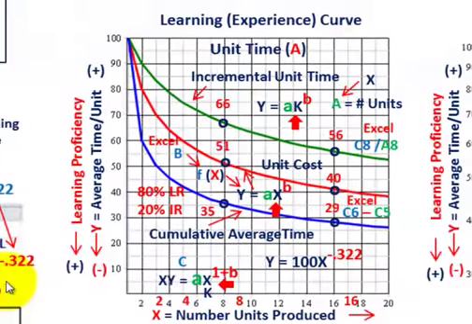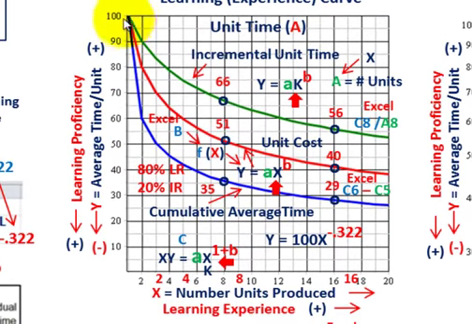Now let's go up and look at our curve. This is laying out those two different models on our learning or experience curve. What I've done here is based on our average or unit time. We start out with 100, and with our learning model we're going to have 3 different curves. But our average time is decreasing as we increase the number of units produced, based on our Excel function, X number of units produced across here.